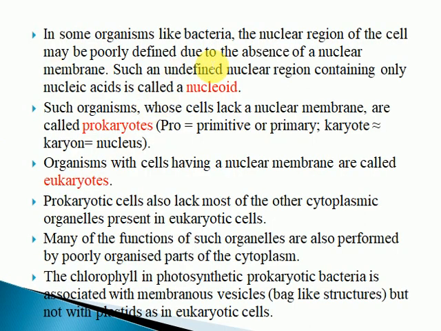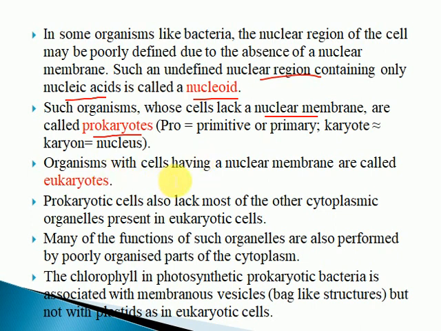So in some organisms like bacteria, the nuclear region of the cell is poorly developed and there is no proper nuclear membrane. Such an undefined nuclear region, which contains only the nucleic acids, that means the DNA, is called the nucleoid. These organisms which do not have a proper nuclear membrane are called prokaryotic organisms. Examples are bacteria.